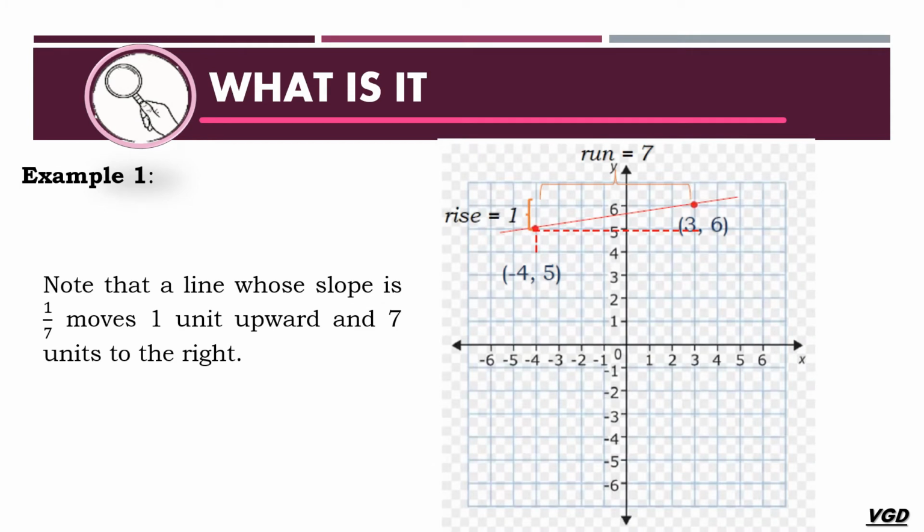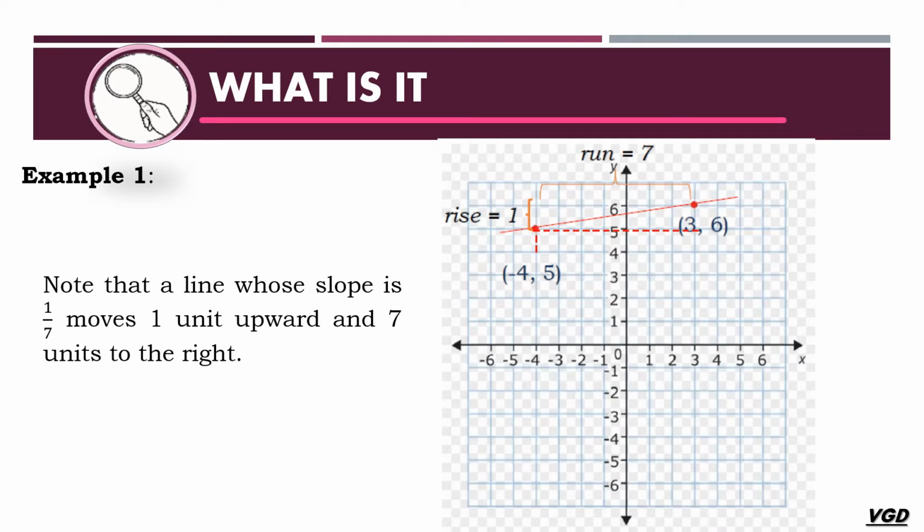So we can also check by plotting the points in the coordinate system. Note that for a line whose slope is 1 over 7, 1 is the rise and 7 is the run.